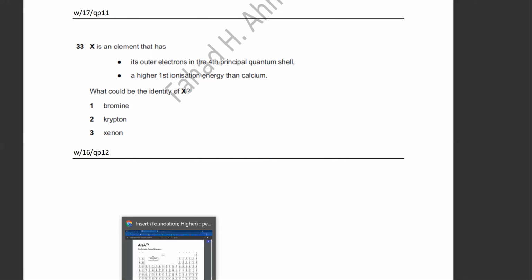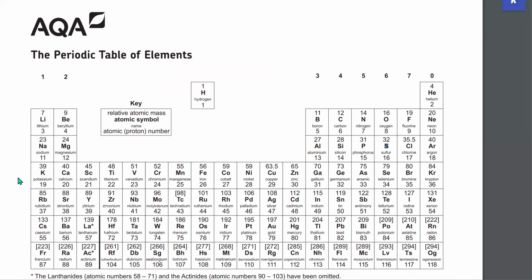So what happens across the period? Remember, it's a 4th shell. Okay, the element belongs to the 4th shell. So I'm going to sketch the 4th shell. So it's going to be potassium. Then there's going to be a rise at calcium. Then you have these transition metals in the 4th shell. Then there's going to be a dip at group 3.